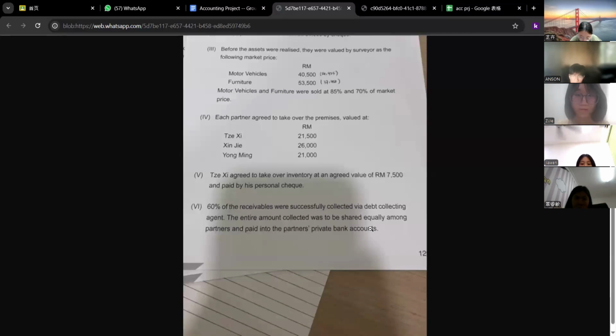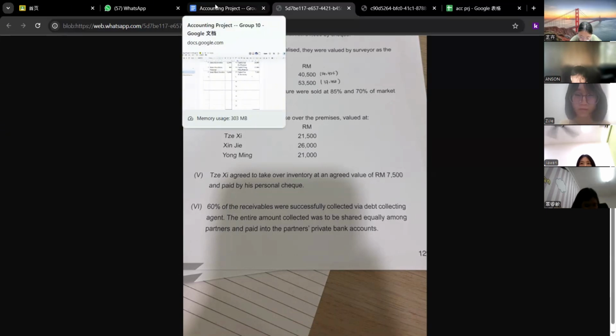The sixth is: 60% of the receivable was successfully collected via a debt collecting agent. The entire amount collected was to be shared equally among partners and paid into the partners' private bank accounts.